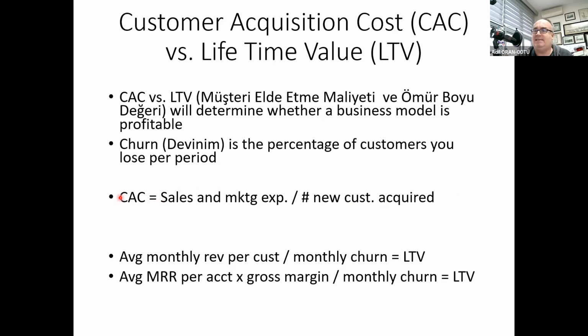And the CAC, customer acquisition cost, actually can be calculated in this way. How much are you spending on your sales and marketing expenditures? And how many new customers does this bring to you? Sometimes you calculate this for a particular advertisement, or you go onto Facebook, or you go onto Google AdWords, and you spend, let's say, $10,000.